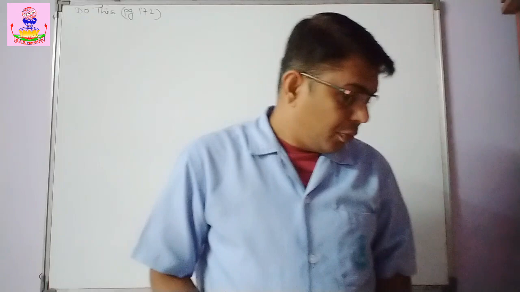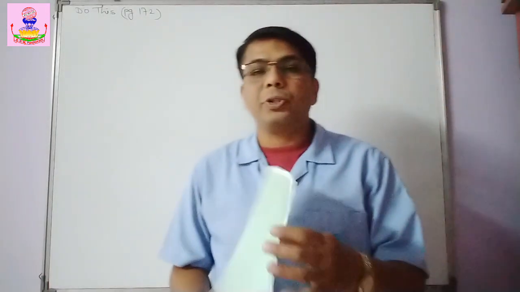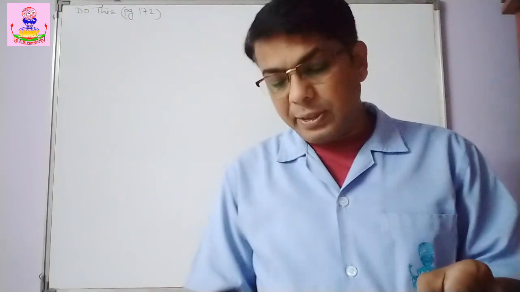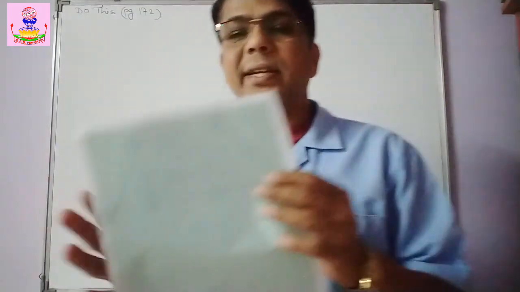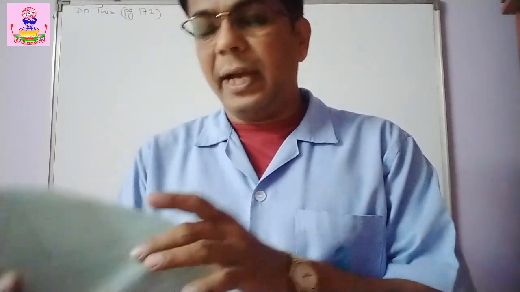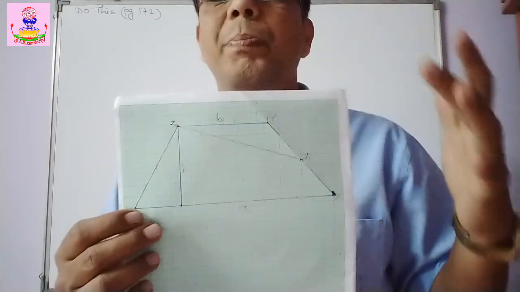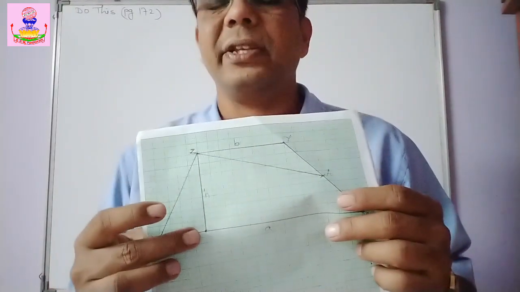In Do This, we are supposed to draw a trapezium like this. Here also I have drawn trapezium WXYZ, whose length at the base is a and this length is b, and its height is h.